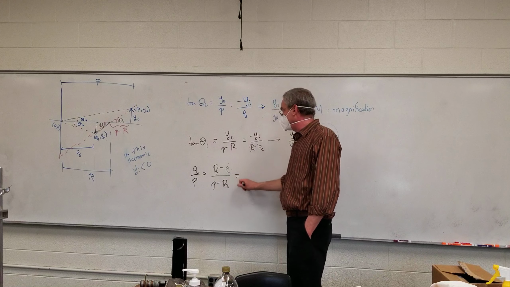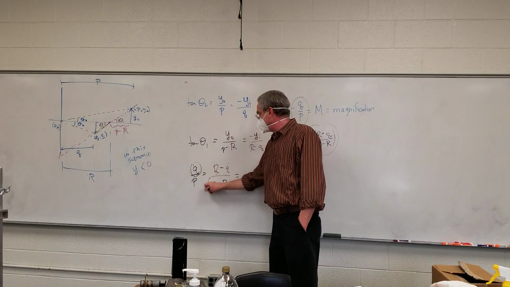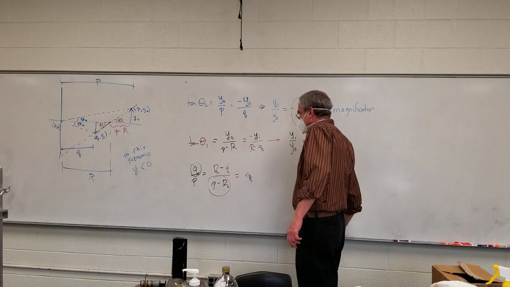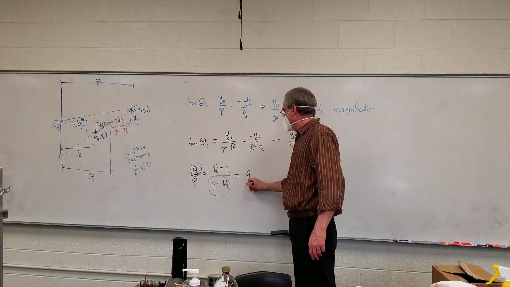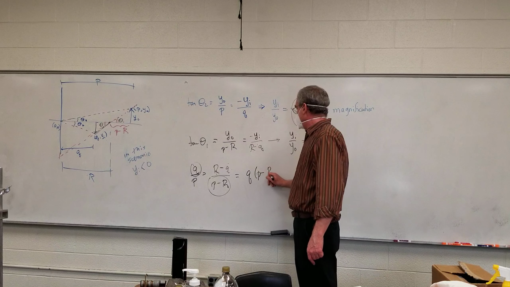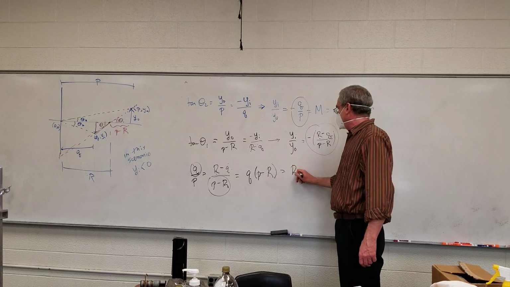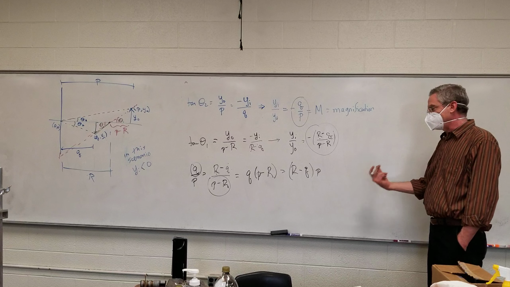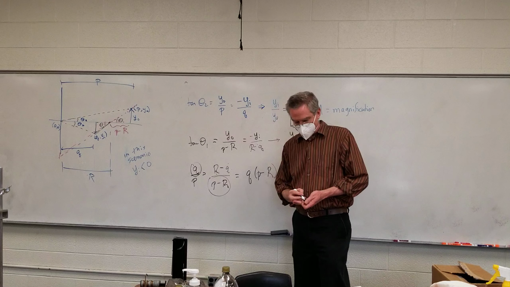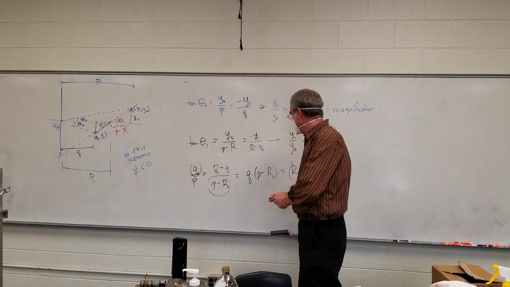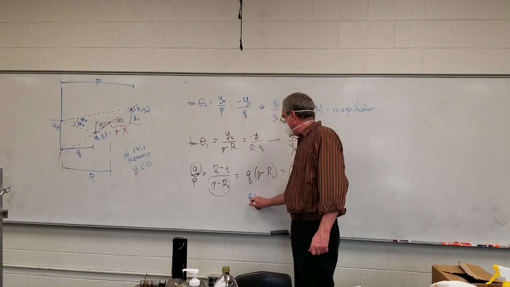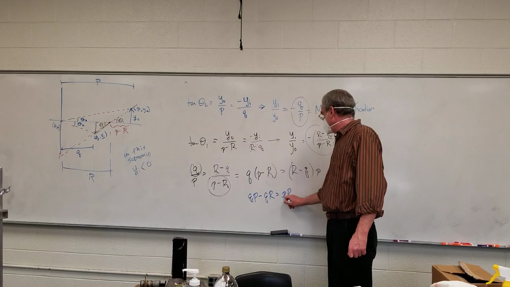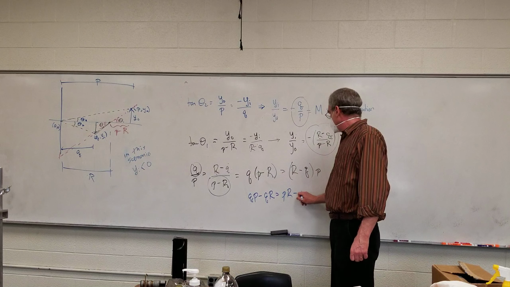All right, so now I'm gonna cross multiply here, so q times p minus r. And I probably should write my q's more neatly so they don't look like p's at all. q times p minus r is equal to r minus q times p. I'm gonna distribute: QP minus QR is equal to PR minus QP.